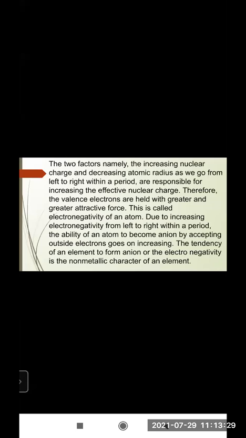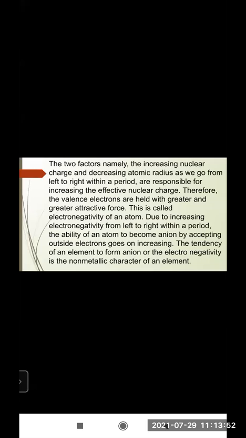And therefore the valence electrons are held with greater and greater attractive force, and this is called electronegativity of an atom. Clear? And due to increasing electronegativity from left to right within a period, as written on page number 26, we have increasing electronegativity and non-metallic character.